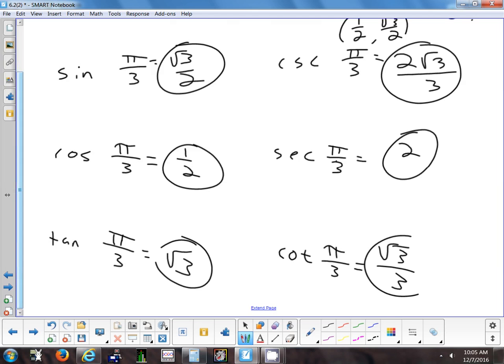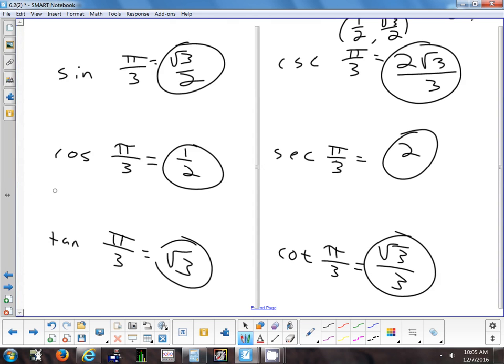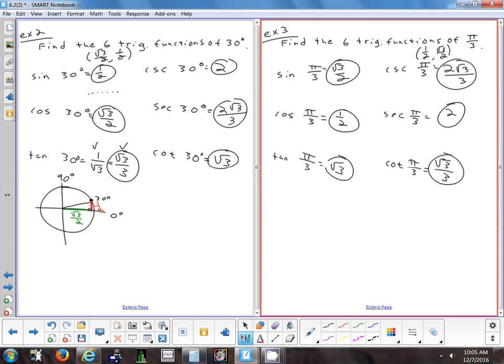Now, how do all those answers compare to the problem before? They're the opposite. Like the negatives? No, they're like all the sine, cosine, and tangent are the secant, cosecant, and cotangent of 30.